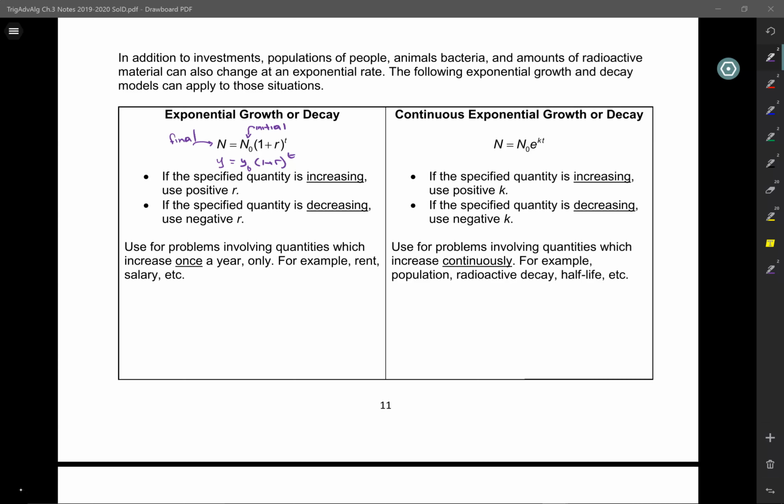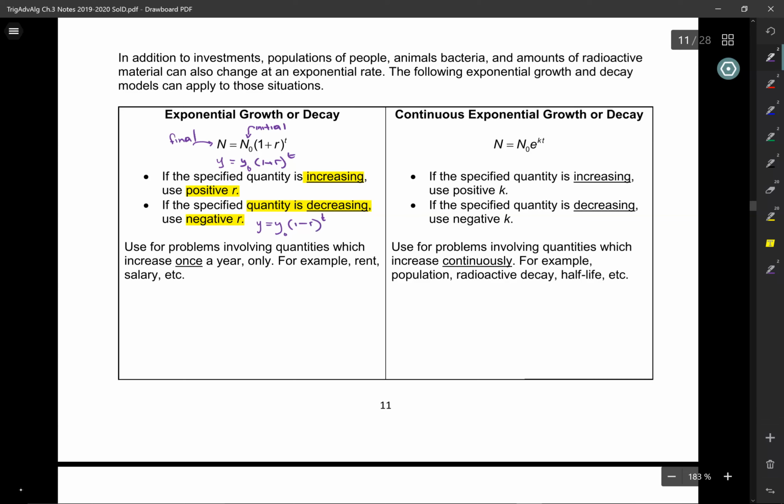If population is increasing by 10% annually, you use this one. If the amount is increasing, you use positive R, so 1 plus R. If the quantity is decreasing, use negative R, so it'll be Y equals Y naught, 1 minus R to the power of T.